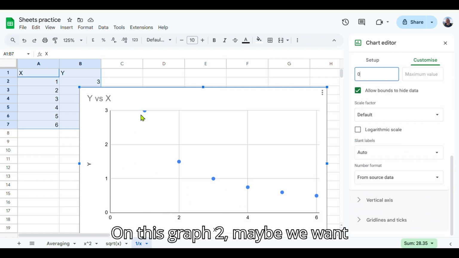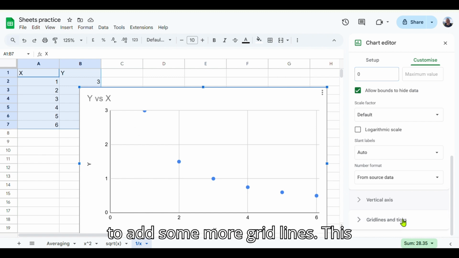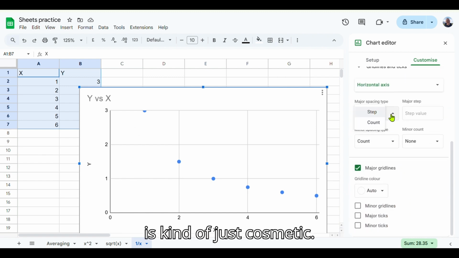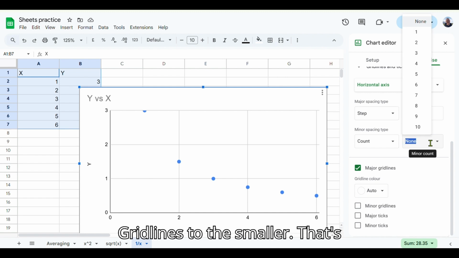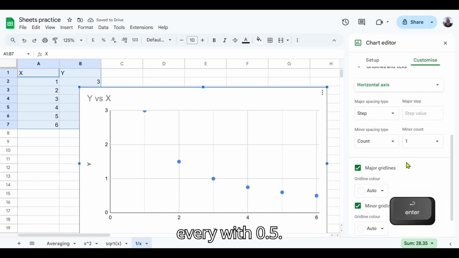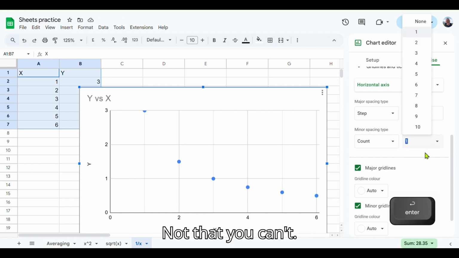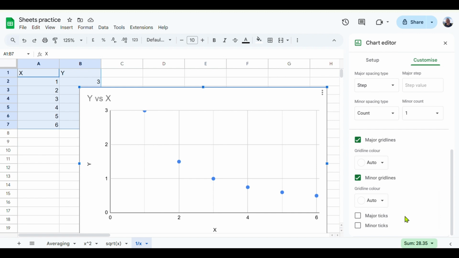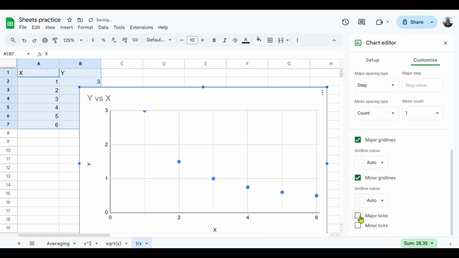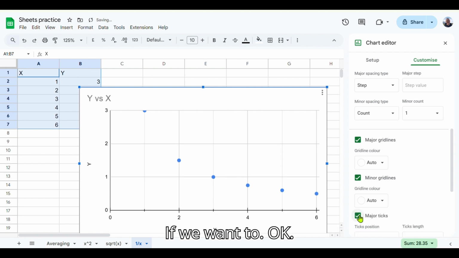On this graph too, maybe we want to add some more grid lines. This is kind of just cosmetic. We can change our grid lines to be smaller. That's every 1. You can have it every 0.5. Nope, maybe you can't. And then we can put ticks on the bottom if we want to.